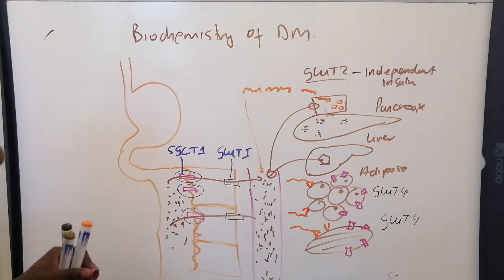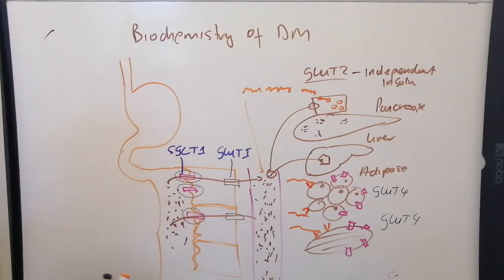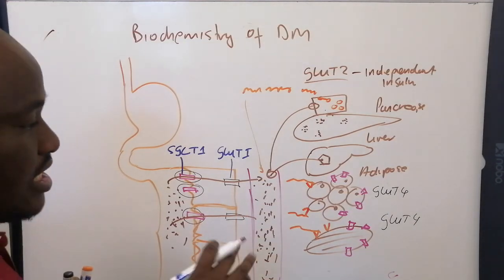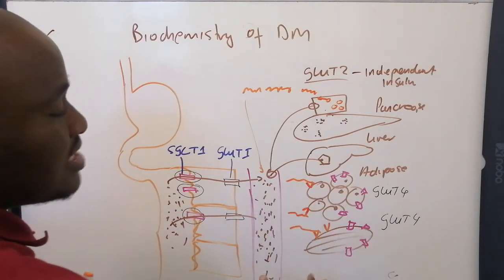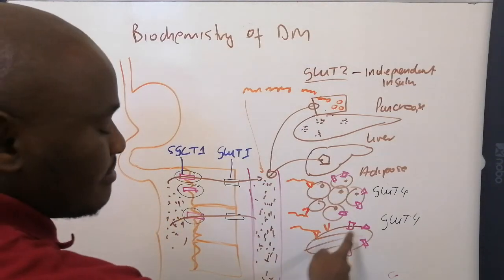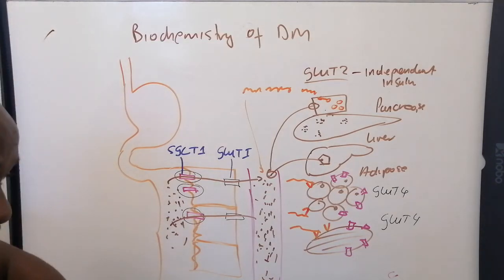So the reason why GLUT4 transporters are stored within the cell and not expressed when there is hypoglycemia is because they worsen the hypoglycemia, because they allow the movement of glucose from the blood into the cell. So that's why you need insulin to bind to its insulin receptors so that the GLUT4s can be expressed. Once there is no insulin, these GLUT4 transporters, they are endocytosed. They get back into the cell again.